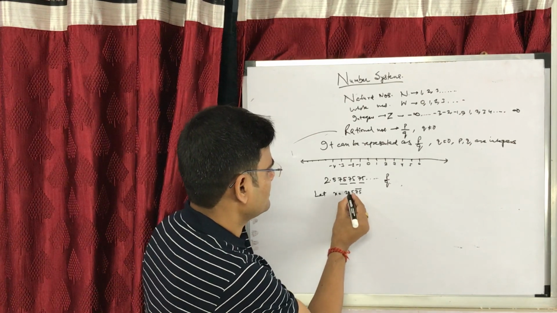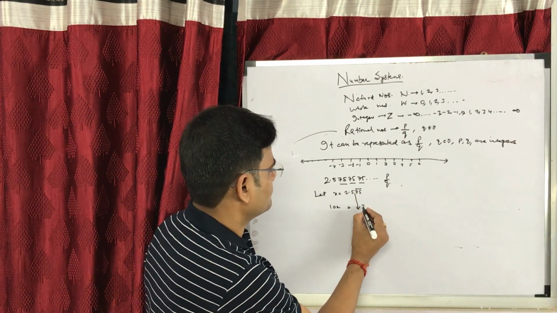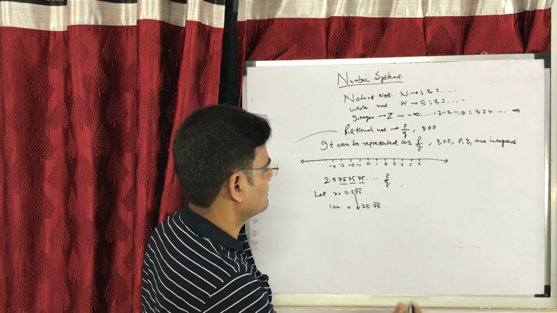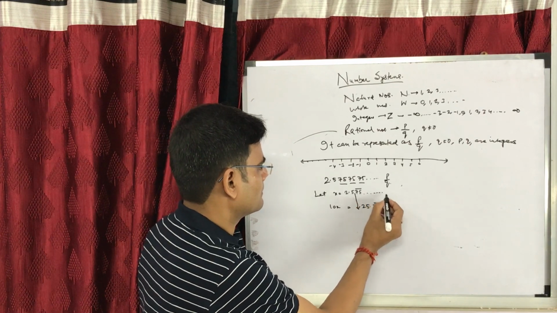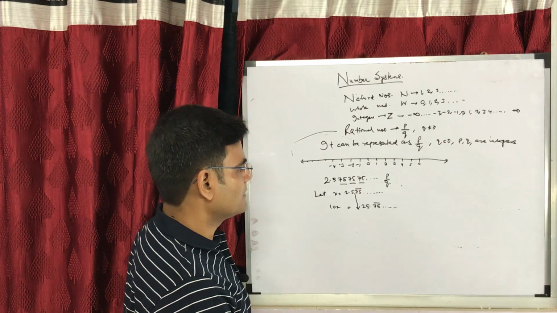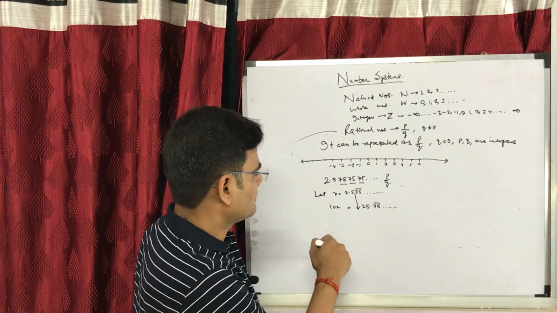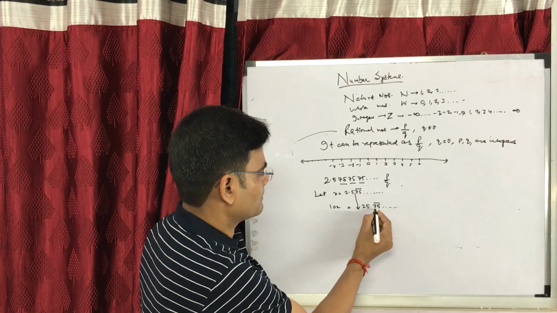So you have to multiply by 10. 10x is equal to 25.75 bar. Either this way, or you bring another pair, say 75.